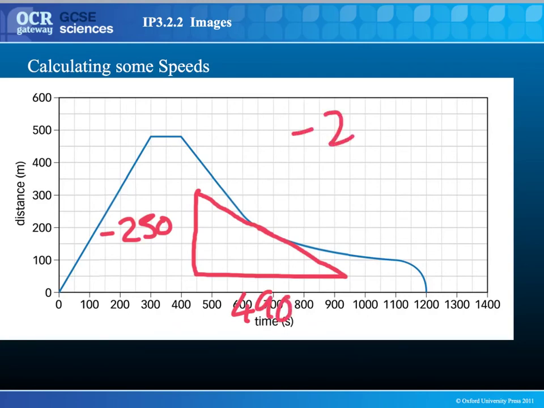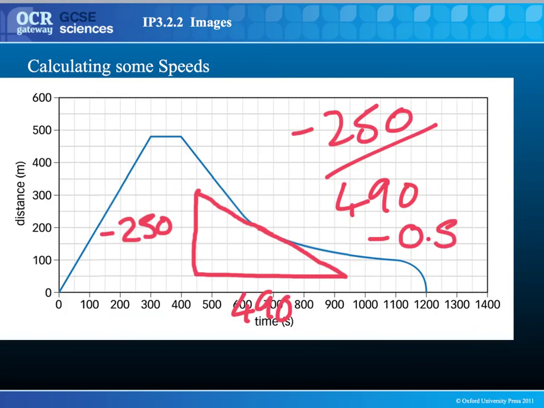So by doing minus 250 divided by 490, you can work out the instantaneous speed of this object as it travels 700 seconds after its start point, which is minus 0.5, let's just check your units, meters per second. You can do the same for any tangent. You could be asked to work out the speed 1150 seconds after start point, and there you do a triangle again, calculate the gradient of that line.